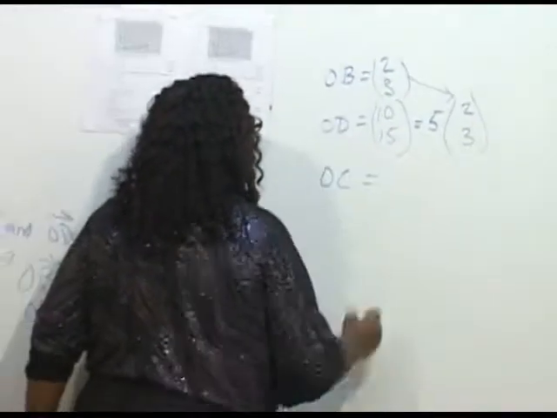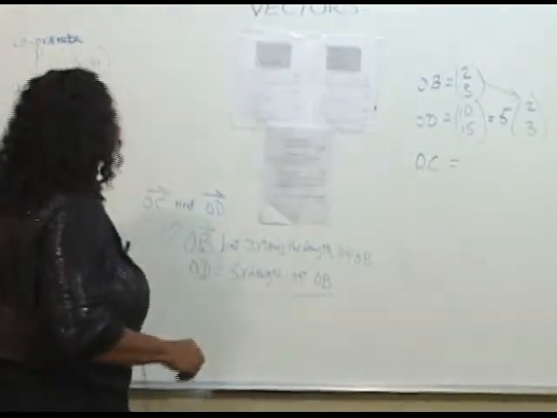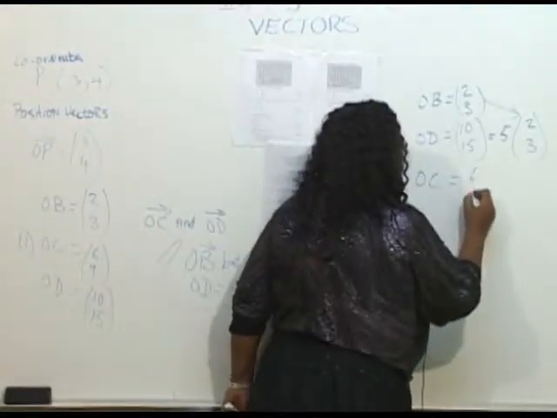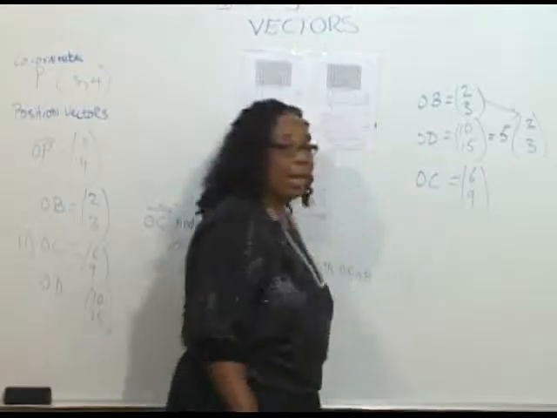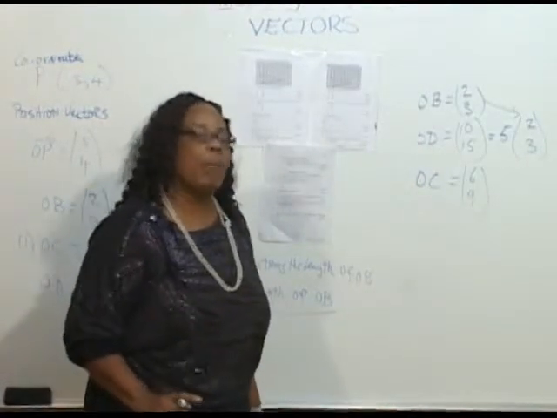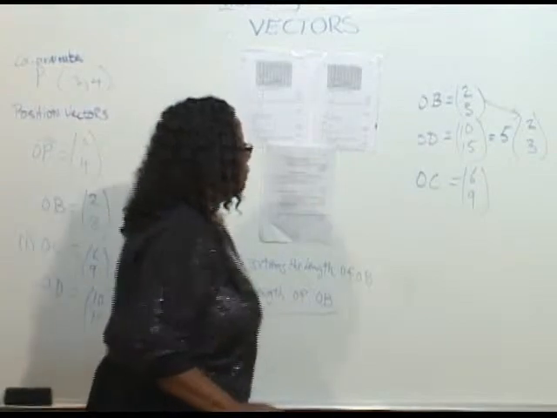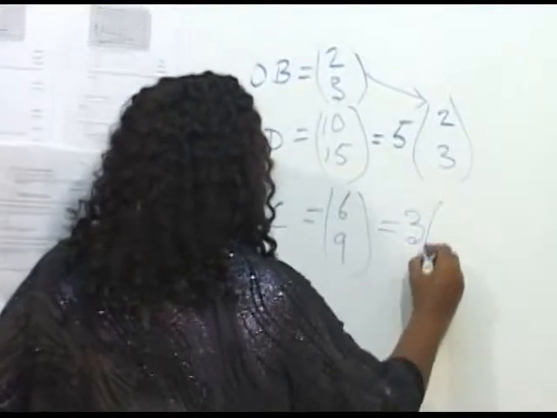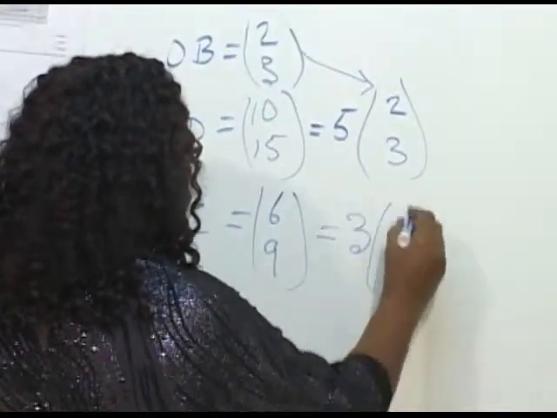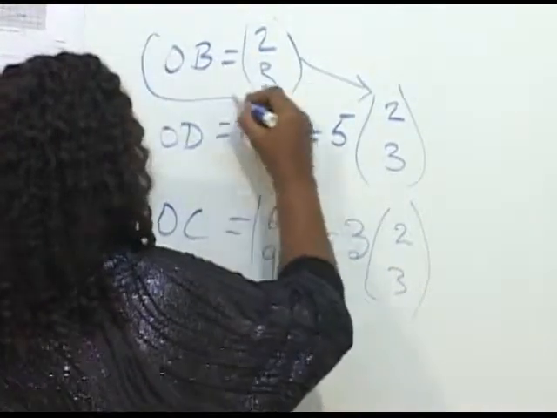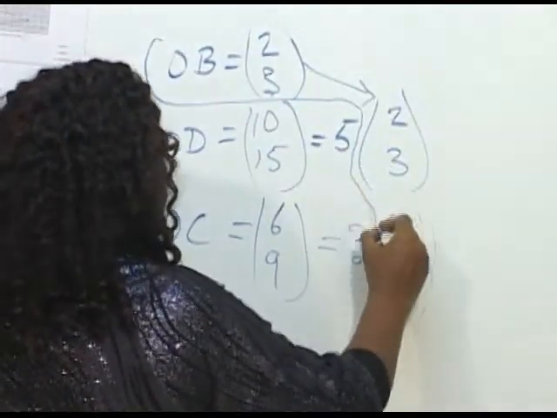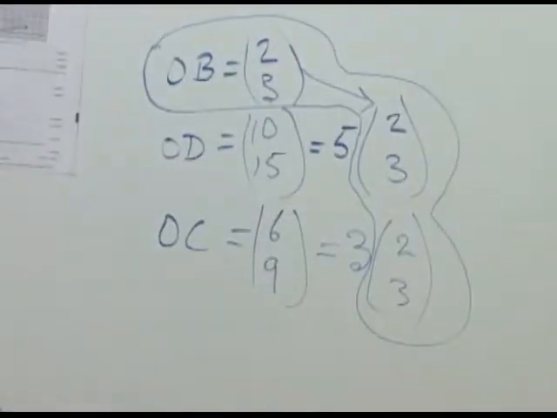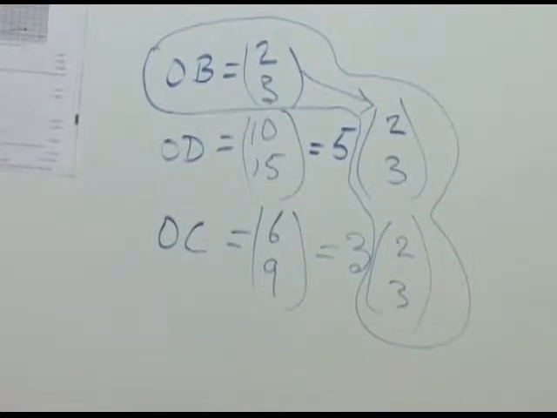Then we have OC. What are the components? And again, we look and we see that for OC, we have 6, 9. Does that ring a bell? Yes. What is common? We can take out a 3. And so we're going to say that this would be equal to 3, open bracket, 2, 3. Can we see the common component coming down here? That each vector has 2, 3 as a part of its component.